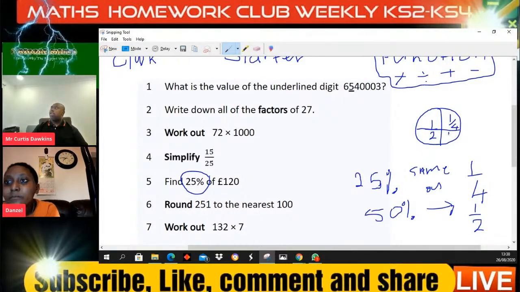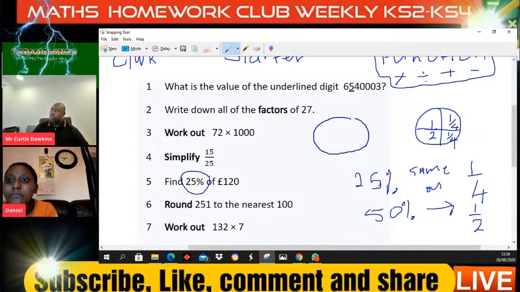So basically, what can you tell me about a half? A half is made up of 2 what? Quarters. A half is made up of 2 quarters. Yes? So can you see? Let's draw this again.